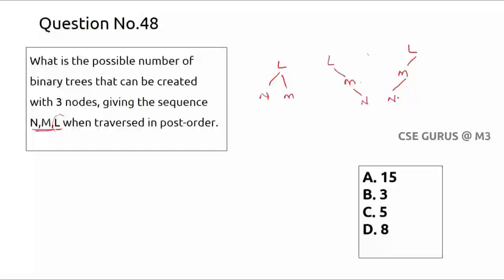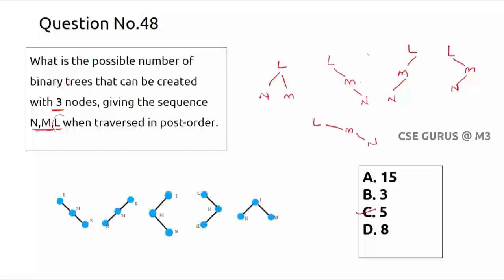So like this also N, followed by M. This is also fine. Then L, then M here, then N here. This is also fine. And L here, M here, then N here. So like this I can have 5 options, right? For 3 nodes you will have 5 options. Other than this we cannot get, right? So the answer is option C.